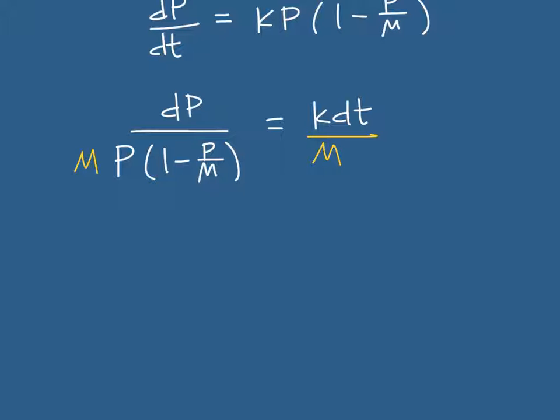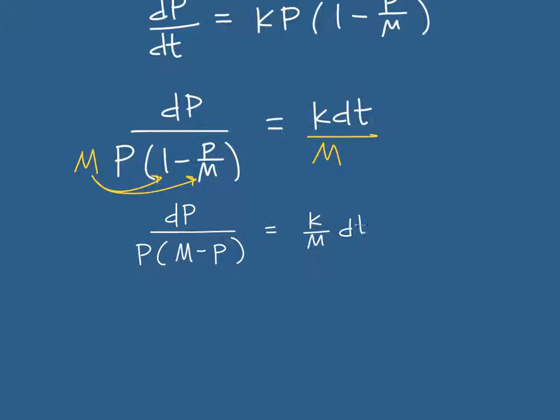And so I'm going to distribute. So I'll have dP over P times M minus P. I distributed that M past the P and into the parentheses. That leaves me with k over M, which is a constant, dt.